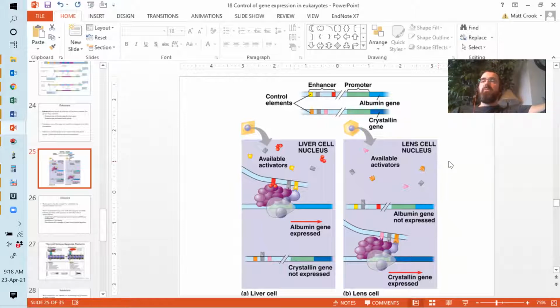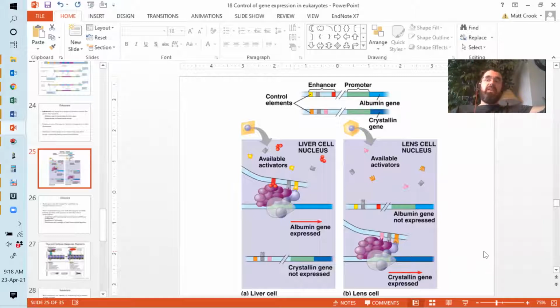And it is expressed in your eyes because those lens cells contain other proteins, transcription factors and transcriptional activator proteins, which are only present in those lens cells.